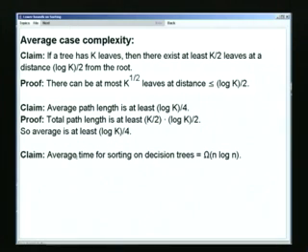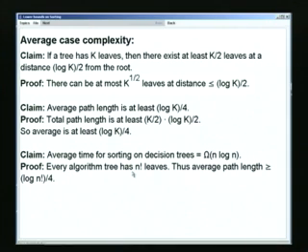From this, it immediately follows that the average time for sorting on decision trees is n log n, and here is why. Every algorithm tree has n factorial leaves. Thus, average path length is bigger than, by this claim, log of the number of leaves, or log of n factorial upon 4, but log of n factorial upon 4 is n log n, and therefore, average time for sorting on decision trees is this much.